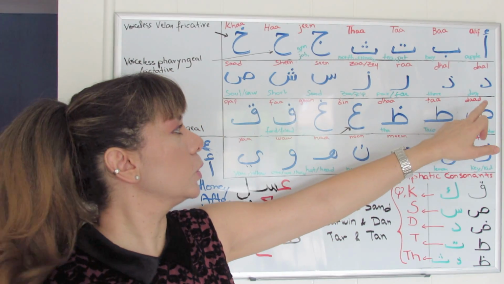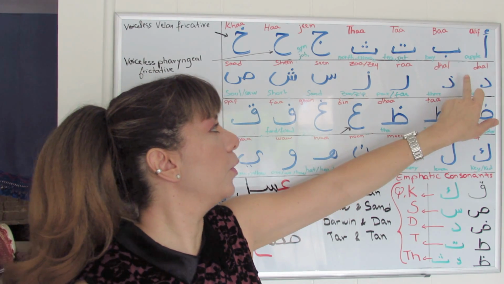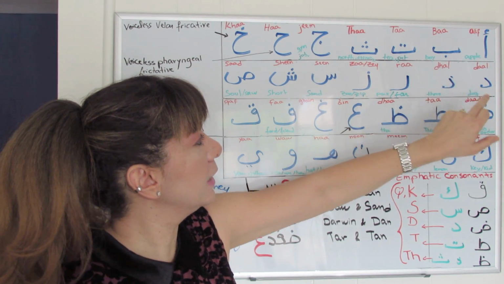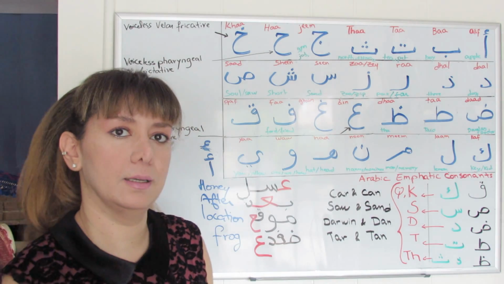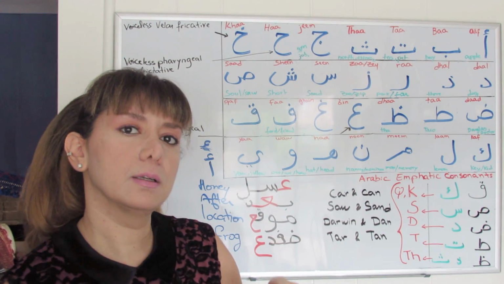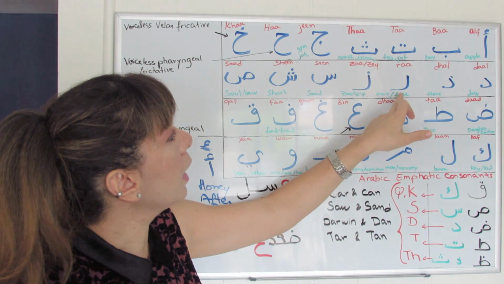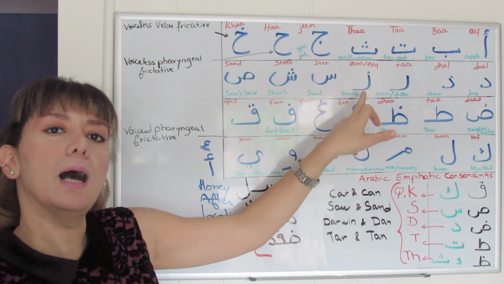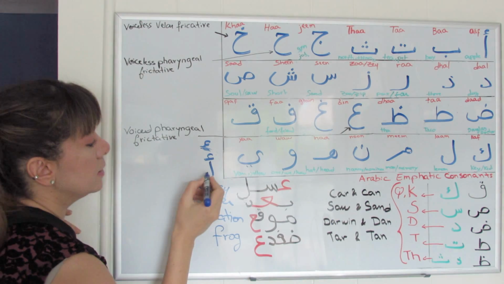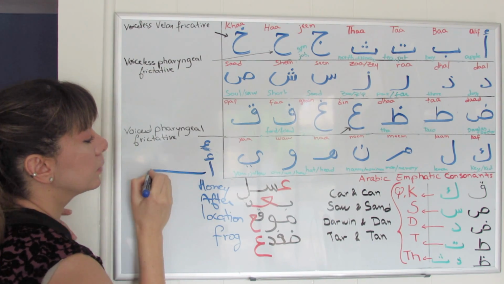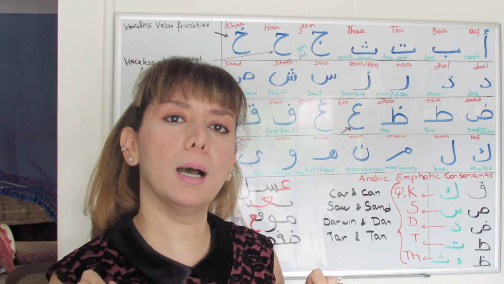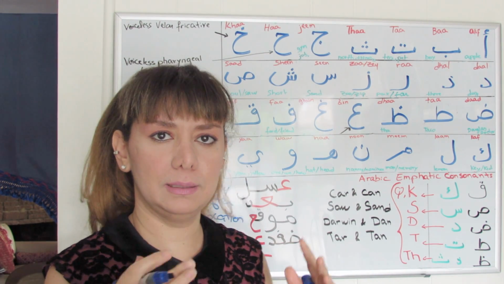Dal also looks similar with the dot on top of it. Dal. Da, it's like dog. Dal, like there. Ra, za or zay. So let's say this is a writing line, and we will write the word bahr, sea.